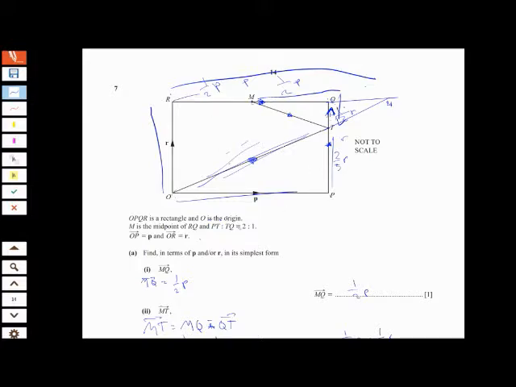OM, draw a line from O until M. It's going to point this way, of course, because it starts from the origin. So OM is basically OR plus RM, which is R plus half P. Am I right? This is the equation for this line.